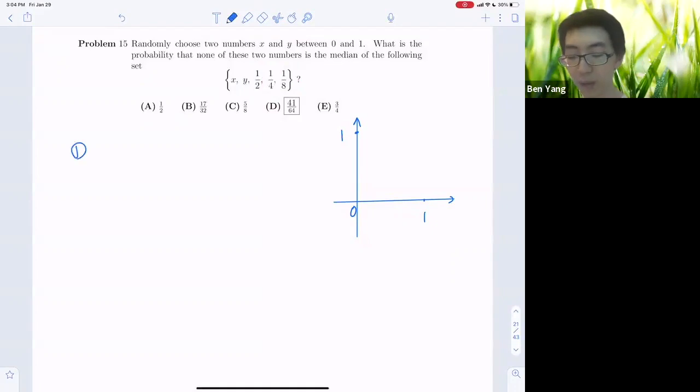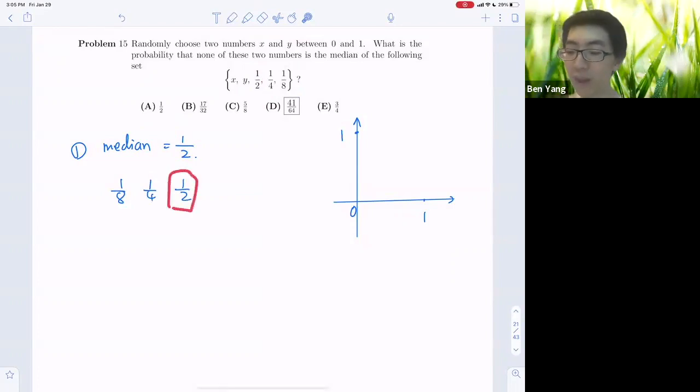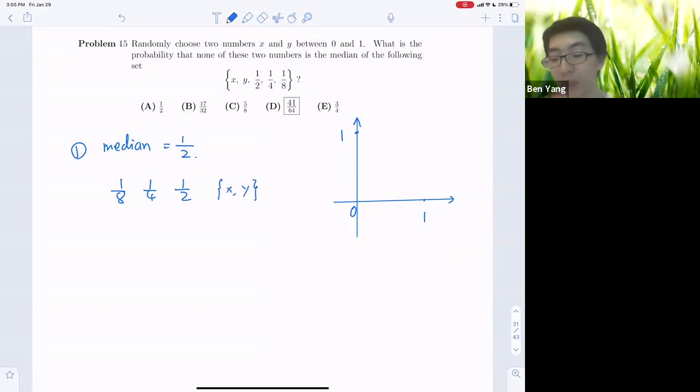First case, median is equal to 1/2. Cool. So we put 1/8 here, 1/4 here, and 1/2. So if we want 1/2 to be the median, then x and y should be on the right of 1/2, which means x and y are larger than 1/2.